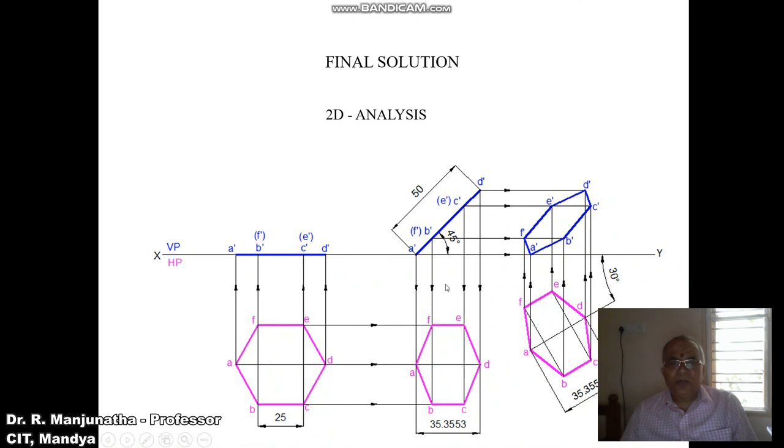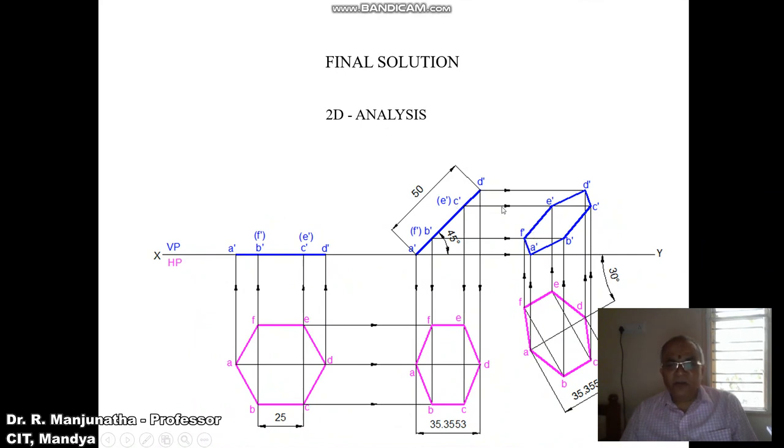So now draw a horizontal projector from A dash and a vertical projector from A to the XY line, as A dash is on the XY line, and mark this point as A dash. Similarly, draw a horizontal projector from B dash and F dash and a vertical projector from B to intersect at this point, and mark this point as B dash. Also draw a vertical projector from F to intersect at this point, and mark this point as F dash.